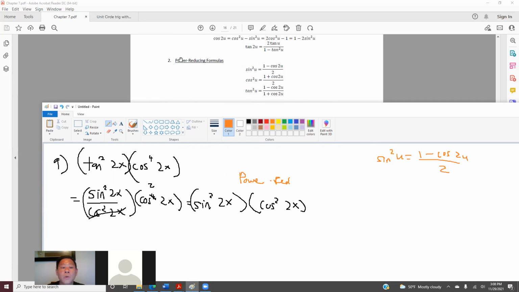This is the power reducing formula. But if you look at this question, your u in this case is replaced by 2x. So what happens when you replace your u with 2x? What do you get in this case if you use your power reducing formula?